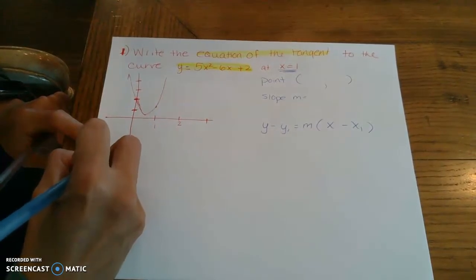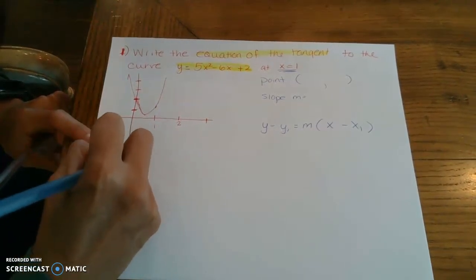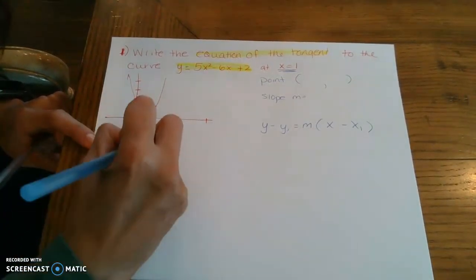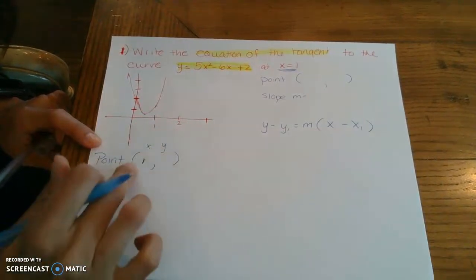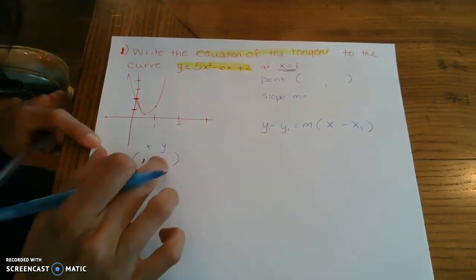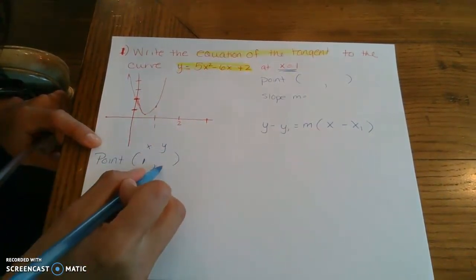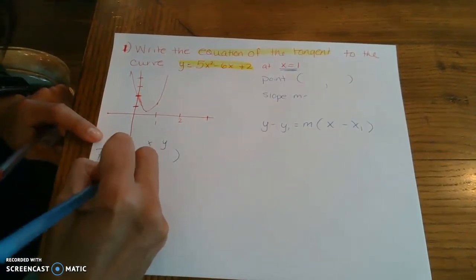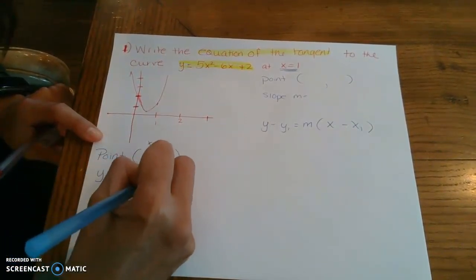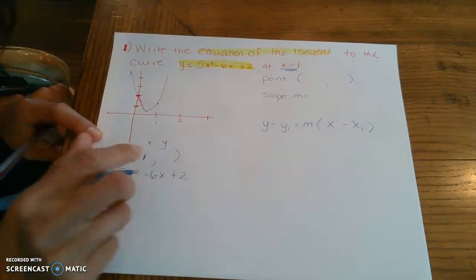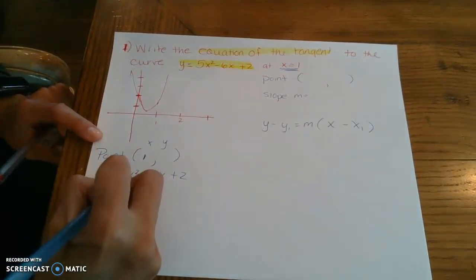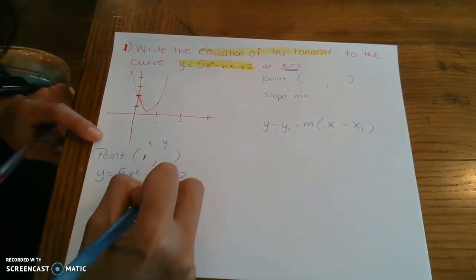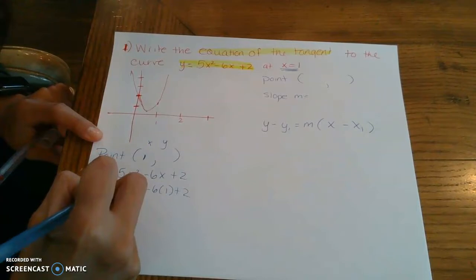So I want to know the point when x is 1. So I already know part of the point. I need to find the y value. How do you find the y value? You take the original function and you're going to plug in the x value that they mentioned. So 5 times 1 squared minus 6 times 1 plus 2.